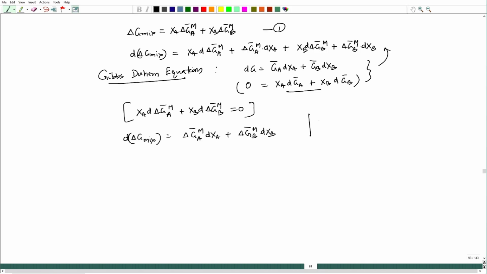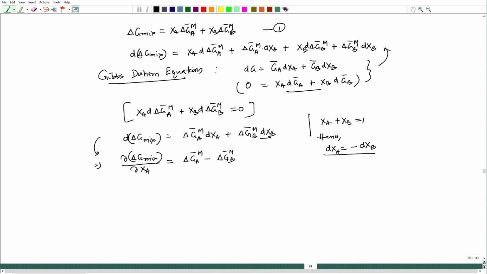Since it is a binary, x A plus x B equals 1, and hence we can write dx A equals minus dx B. Replacing this one with minus dx A, I can write delta G bar M B. Once we write that, we multiply both sides with x B. This is equation 2.